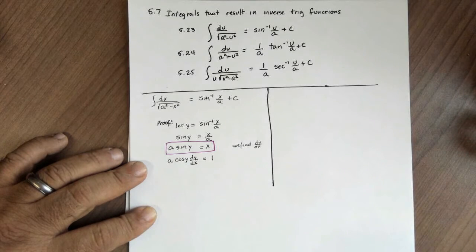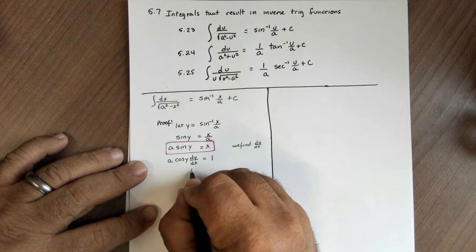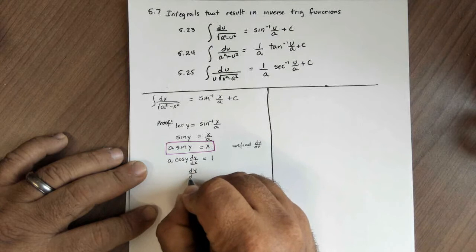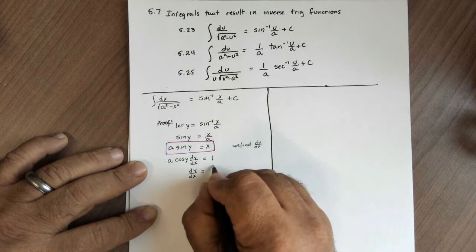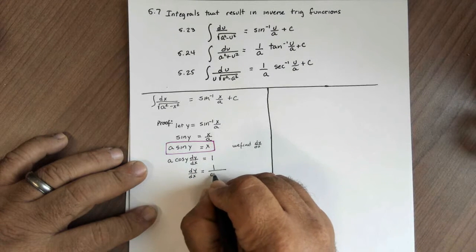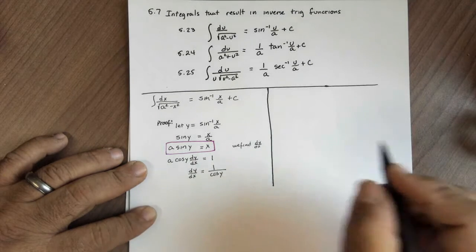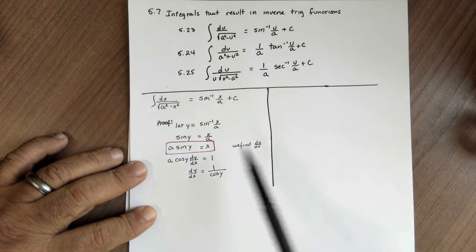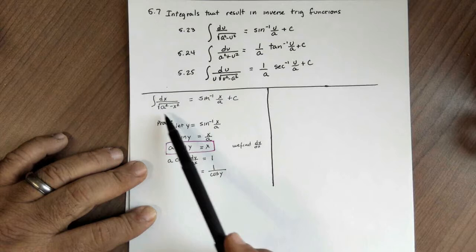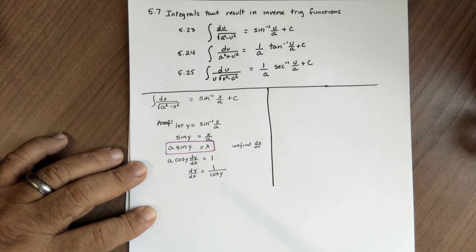It's dx dx, but that's equal to 1 anyway. So then, what we know then is that dy dx is 1 over a cosine of y. Now we somehow have to make that look like this. Okay? It's not going to be incredibly hard.